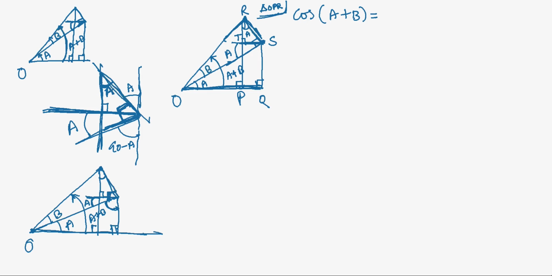That will have the angle A plus B. So you know the A plus B, so then we can write it according to the cosine definition for the right angle triangle OPR. It will be cos A cos B minus sin A.